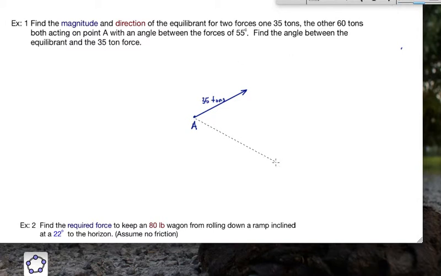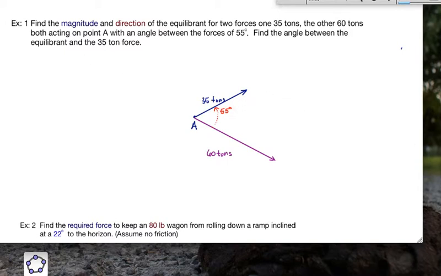So I'll draw this one a little bit longer. So this one is 60 tons. And the angle in between them here is 55 degrees. So we have to find the resultant, and then the equilibrant will be the opposite direction but the same magnitude of that resultant.